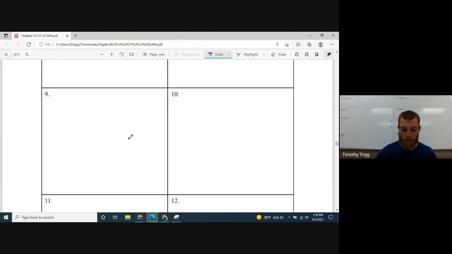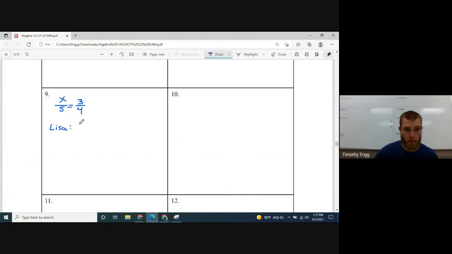Question 9. When solving x over 5 equals 3 over 4, Lisa's first step was to write 4x equals 5 times 3.